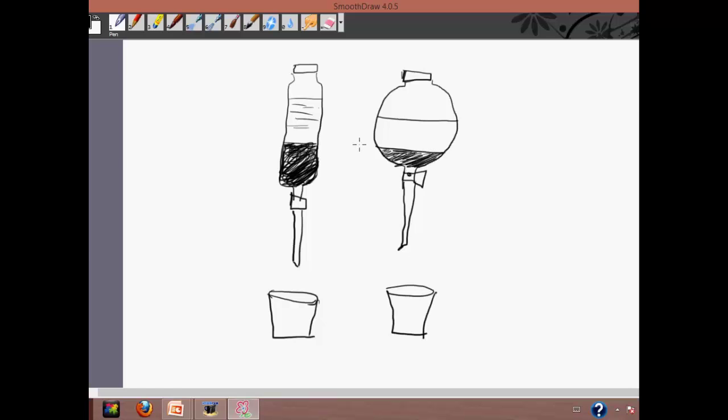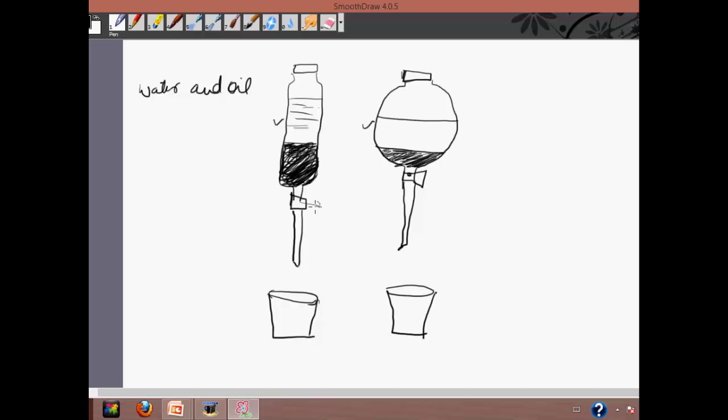Let's take oil and water as an example. If I take a mixture in this kind of separating funnel, it will separate the mixture of two liquids into two distinct layers. The heavier liquid forms the lower layer, while the lighter one forms the upper layer.